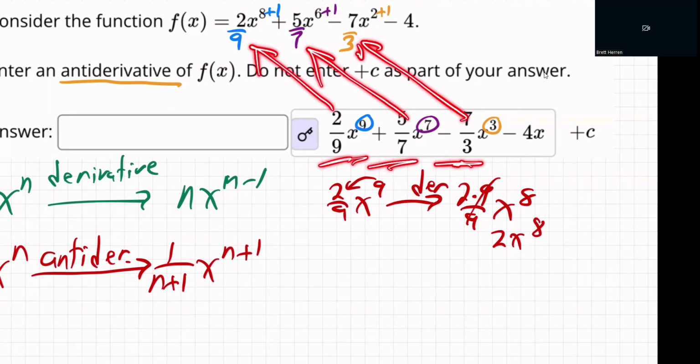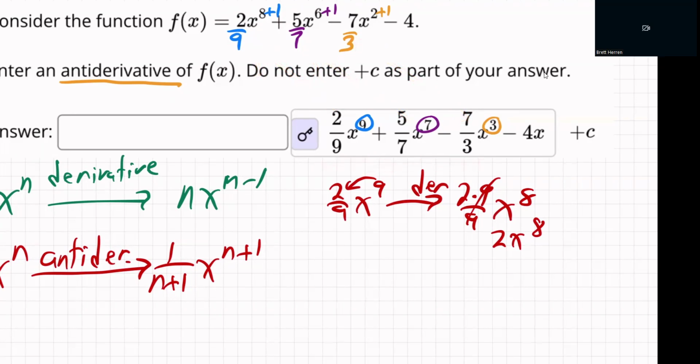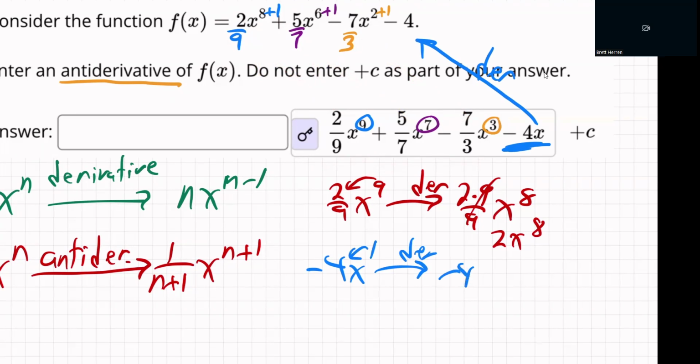Well, ask yourself this question then. If I took this and I took the derivative of it, what's the derivative of minus 4x? Well, it has a 1 power. So the derivative, what happens? The 1 comes down, minus 4. Subtract 1, so the x is gone, minus 4, right?